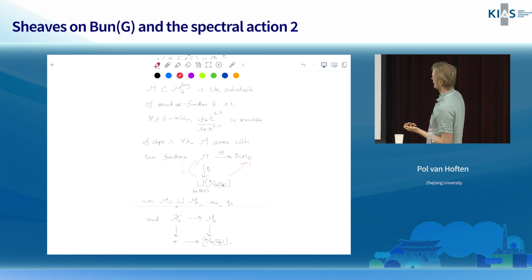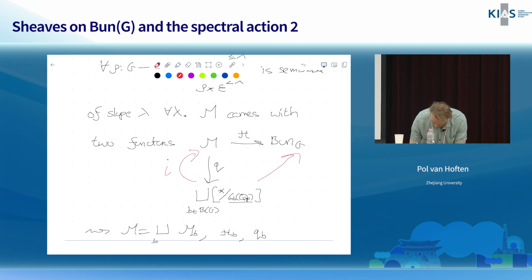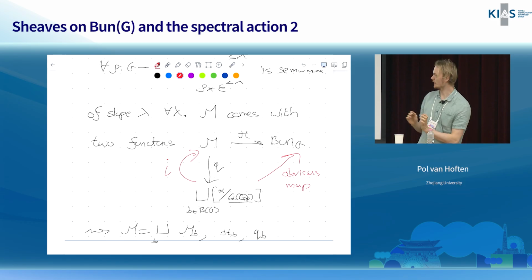I think this took me a while to figure out. This is sort of implicit in the discussion in Fargues-Scholze, but it is kind of useful. So let me just write: this is the obvious map. So it's not quite I upper B, but yeah.